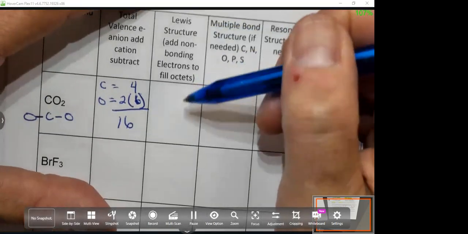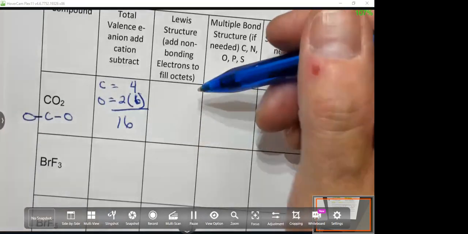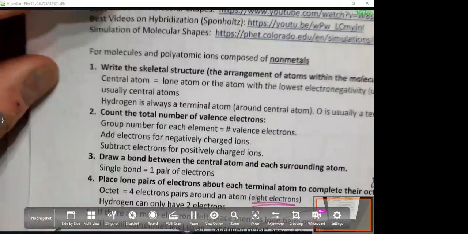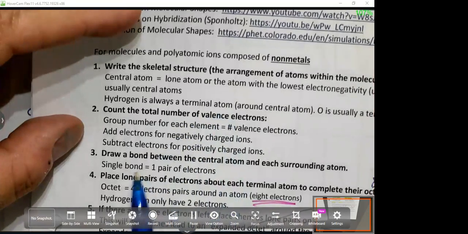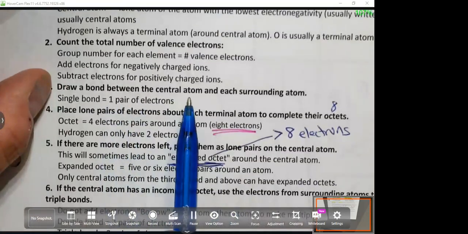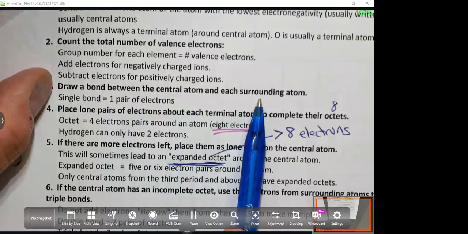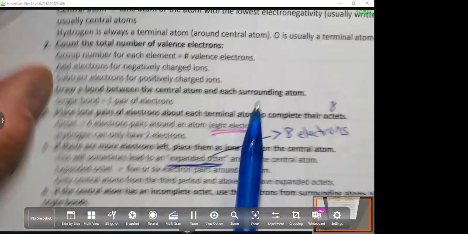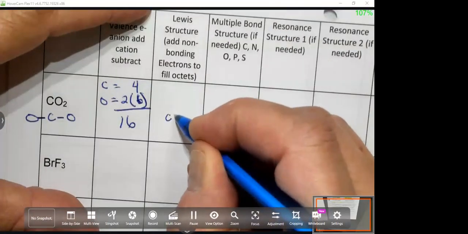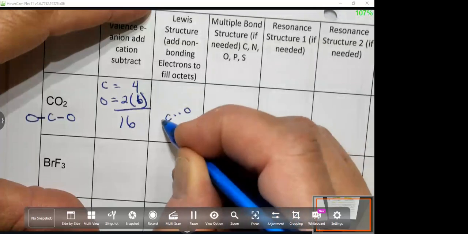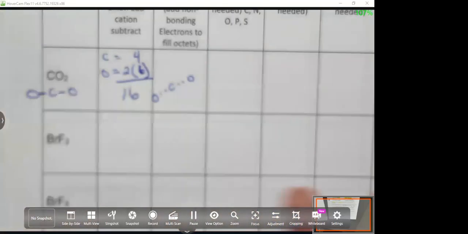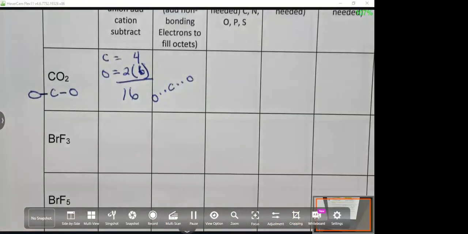All right. Let me put my steps in again. I did my valence electrons. Step 3, draw a bond between the central atom and each terminal atom, surrounding atom. I'm making it sideways. There's a little bit more room.